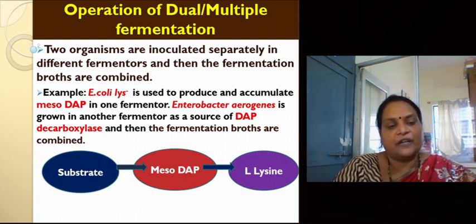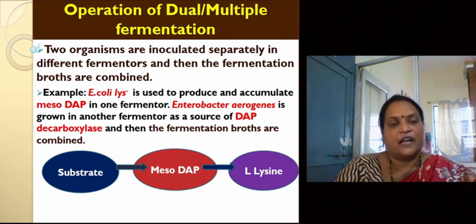So in one fermenter, we will provide the substrate and we will inoculate E. coli lysine auxotroph. The substrate will be converted to meso-DAP. L-lysine is not produced. You have to add some quantity of L-lysine into the medium to allow the growth of the fermentation organism, that is E. coli lysine auxotroph.